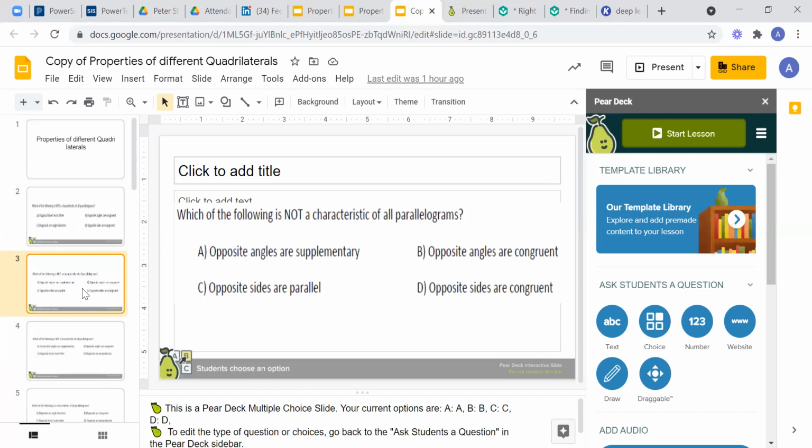And then the opposite angles are also congruent, so B is right. And A says opposite angles are supplementary. No, A is wrong. A and B might look alike, but A is wrong because A says opposite angles are supplementary, whereas we know that opposite angles are congruent, not supplementary.